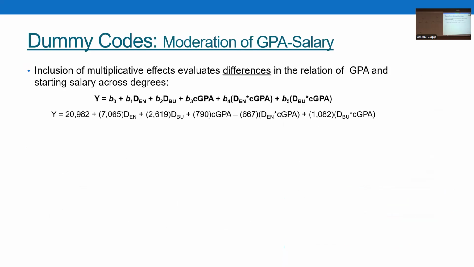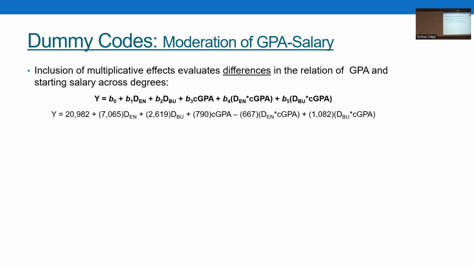What we can then do is start to generate multiplicative effects here. If we start adding in our interaction terms, it gives us estimates of the differences in the relation of GPA and starting salary across different degrees. Anybody here have engineers in their family? Anybody have friends who are engineers? Okay.